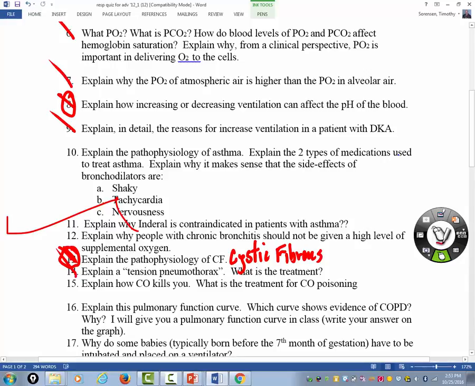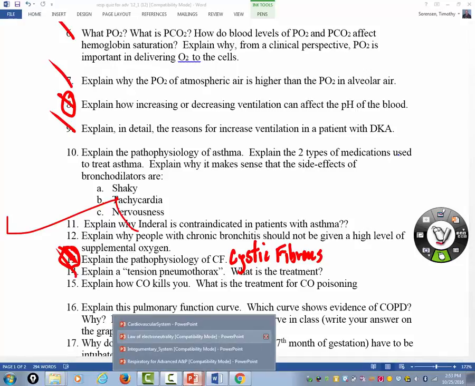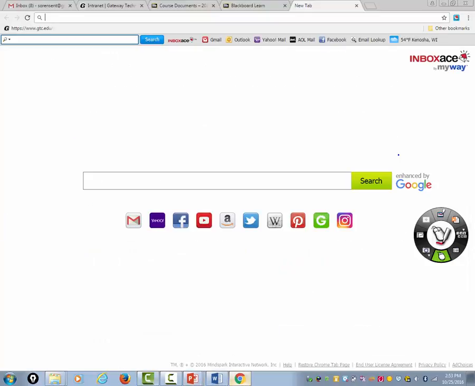Okay, carbon monoxide. Now, carbon monoxide is a colorless, odorless gas. And I always get this confused, so to give you correct information, I'm going to look it up.